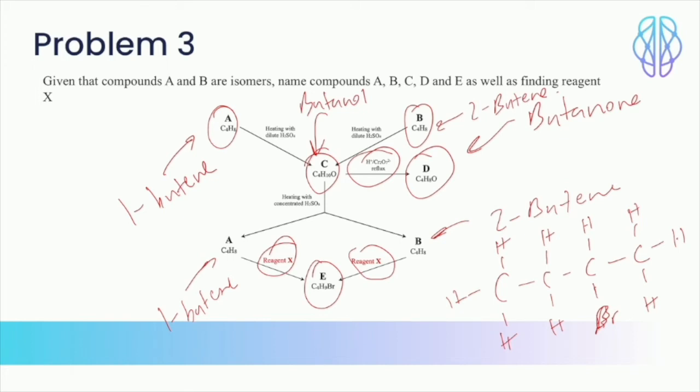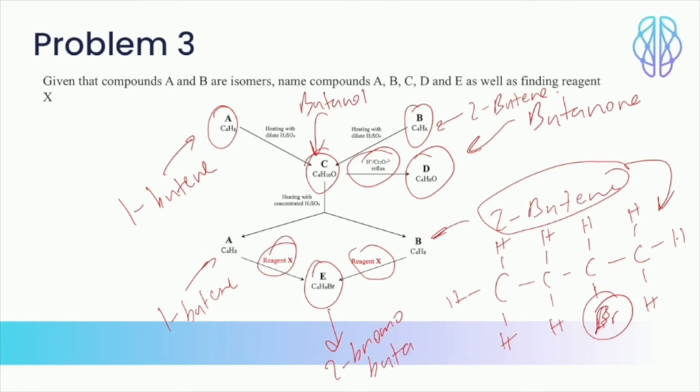This is an example of the alkene undergoing a halogenation reaction with bromine to form this bromoalkane here. So this is bromobutane, or if you want to be specific, 2-bromobutane. Now we found compound E, which is 2-bromobutane. Now we need to find reagent X, so we'll consult our mind map.